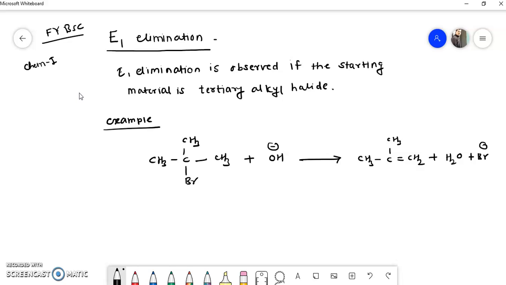So this is the example of an E1 elimination reaction. This is tertiary butyl bromide, remember.